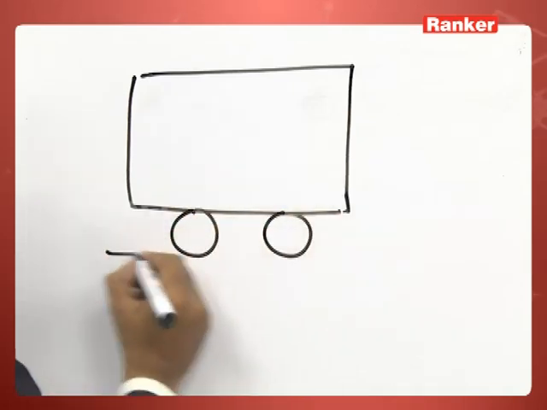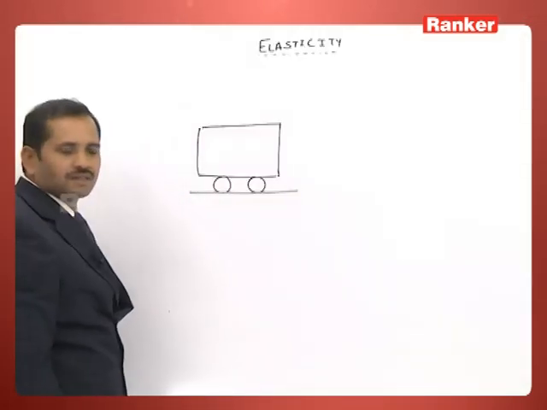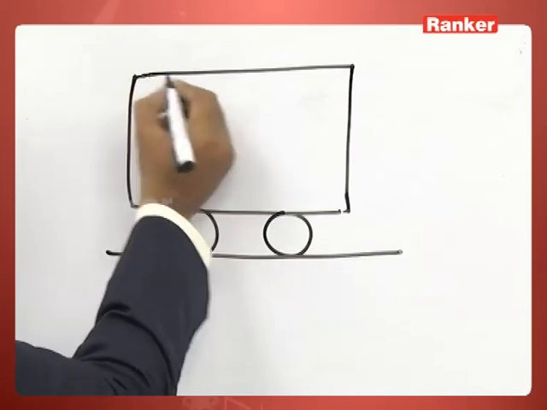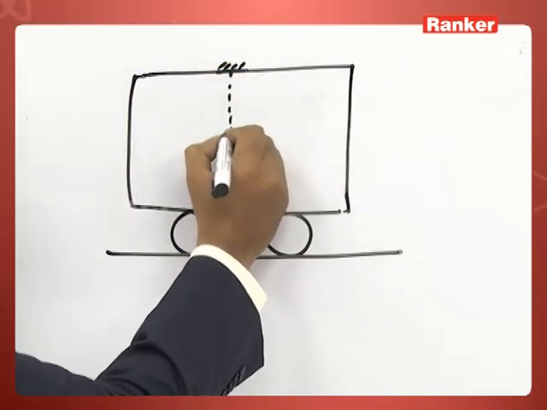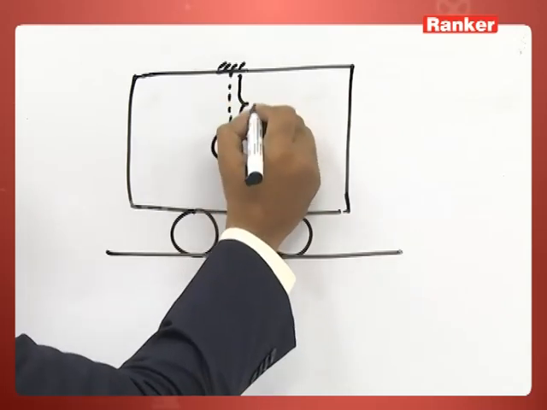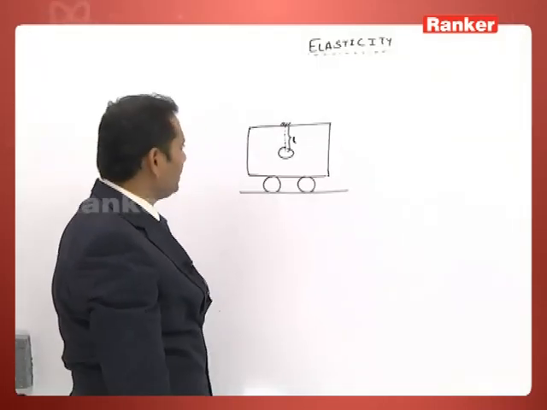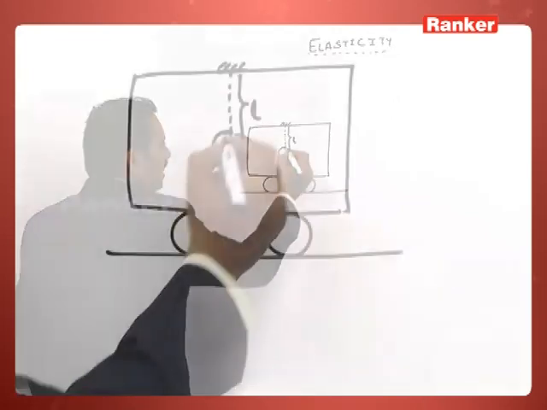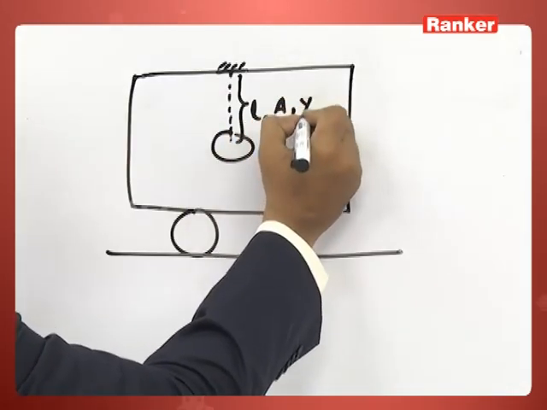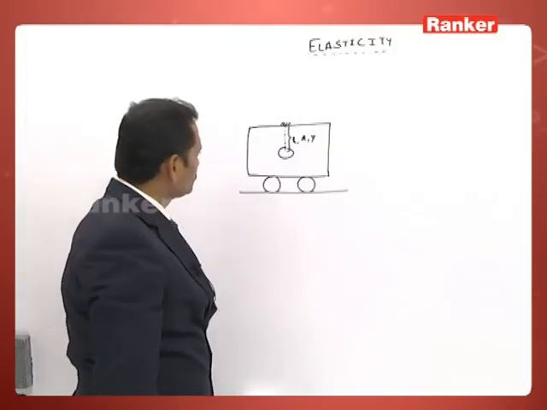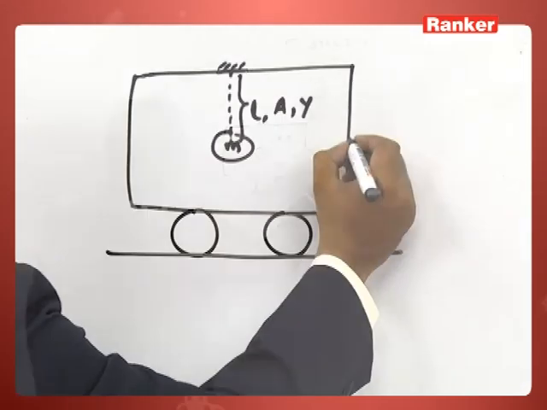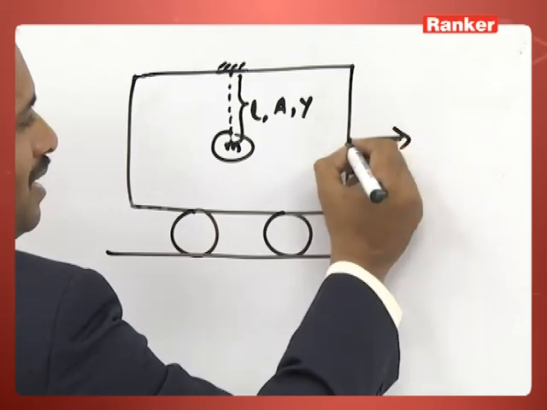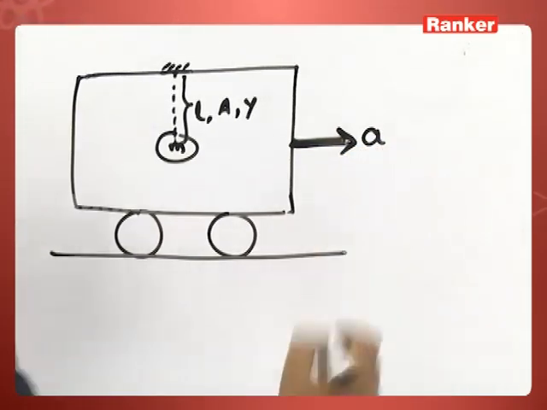Let us suppose this is the vehicle or trolley. A string of length L, an extensible string of length L, area of cross section A, Young's modulus Y, attached with a mass M. The system is moved towards the right side with an acceleration a.